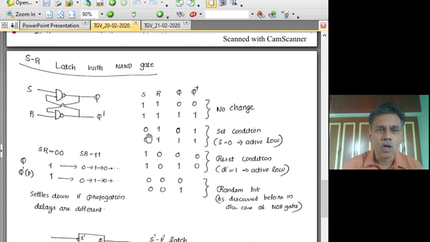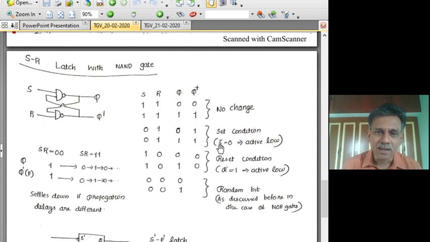Okay, so we can view it as an active, S has to be active low in order to set the latch. So S has to be a 0 is the one which actively sets the flip-flop to a 1 value. So sometimes we can view that this acts as an S dash input.